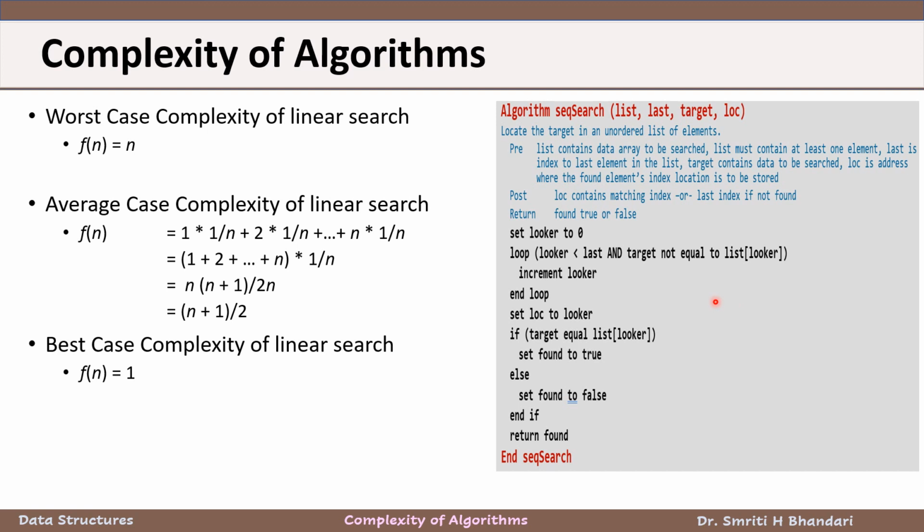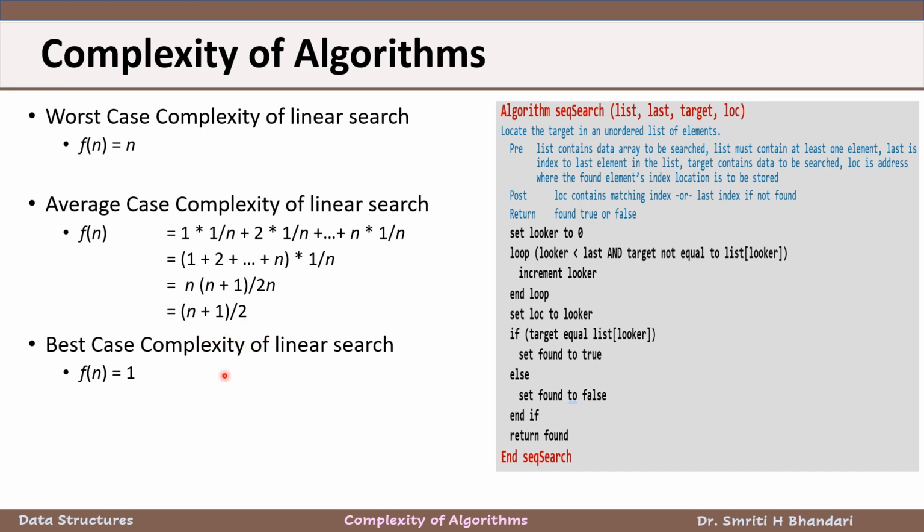Probability that the element is found at location 2 is also 1 divided by n, and so on. With this computation, as we have seen earlier, if we compute this particular expression, then what we get is (n plus 1) divided by 2. So the number of operations required in average case complexity is (n plus 1) divided by 2.